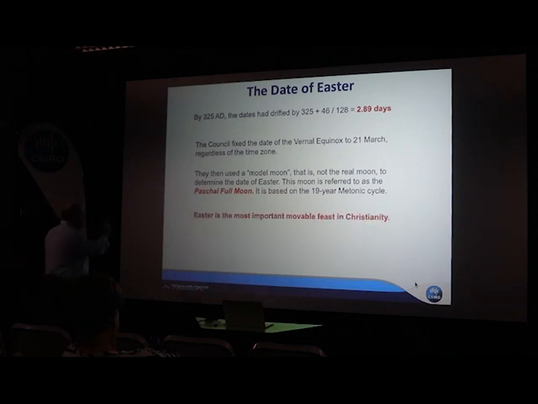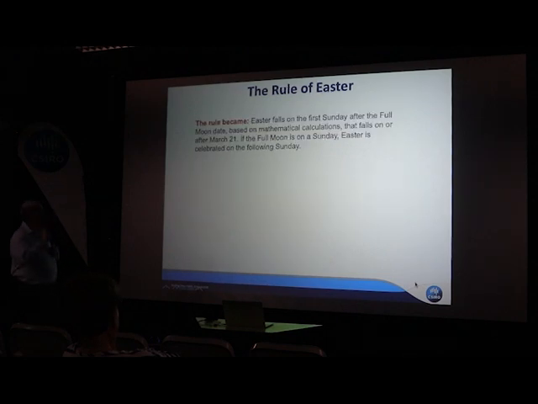Because Easter is the most important movable feast in Christianity. A movable feast is a feast with a different date every year, whereas Christmas and other things are fixed dates. They're not movable. So the rule became that Easter falls on the first Sunday after the full moon date, based on mathematical calculations, that falls on or after March the 21st.